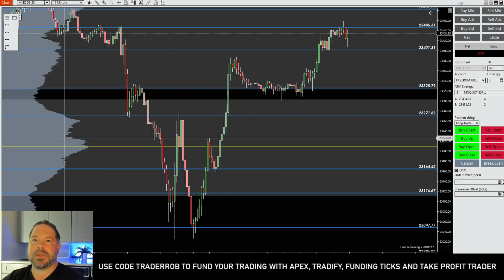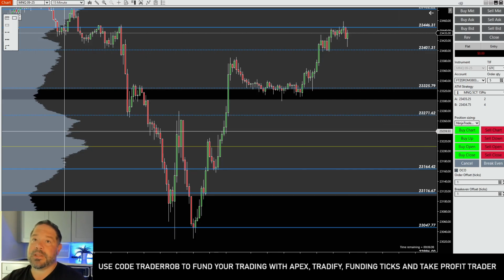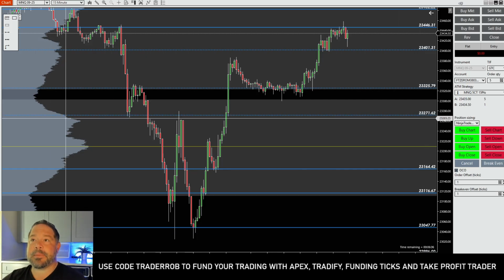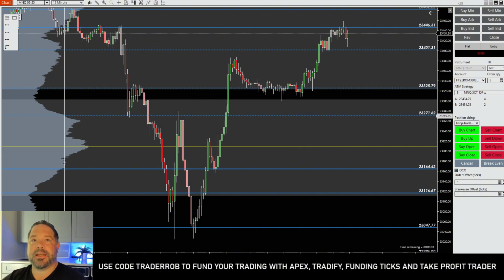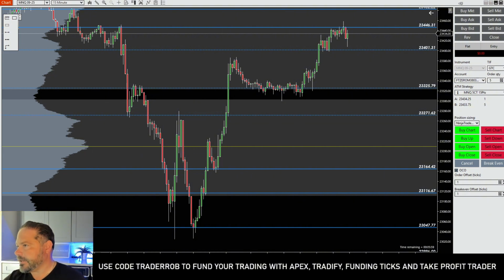Again, below the high volume node, not interested. 23,271, on the other hand, is sitting on the top end of a high volume node. So this could be very interesting. So let's take a look and see 271.